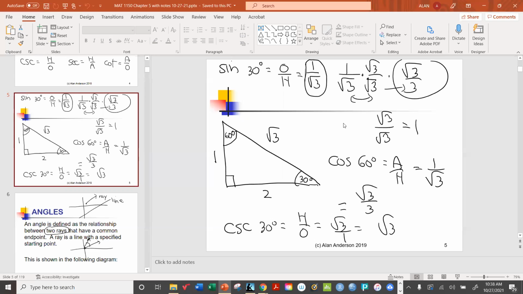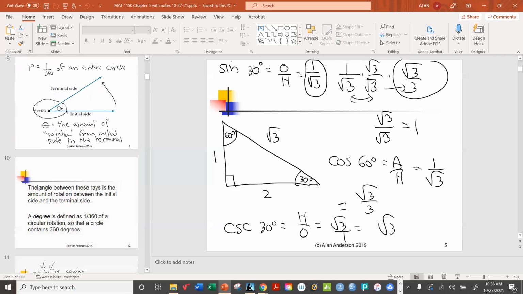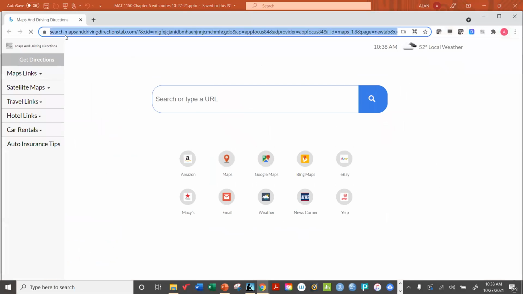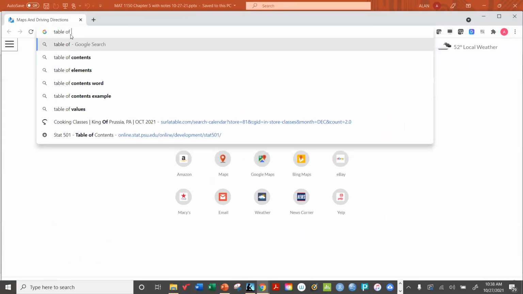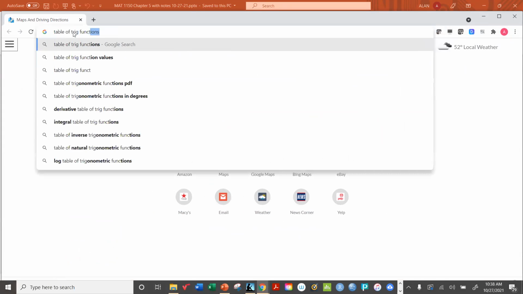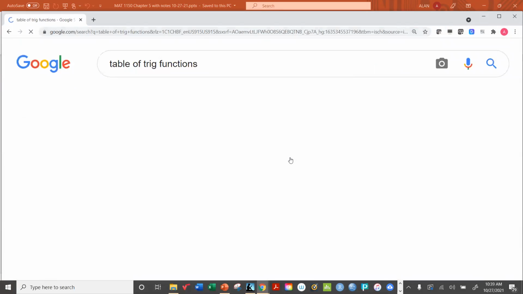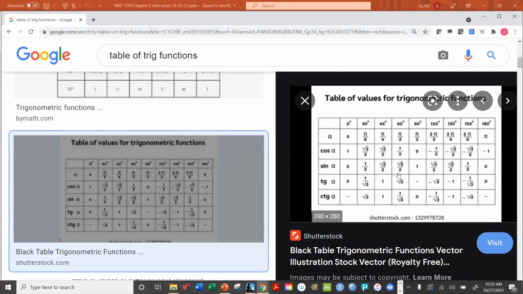Now, often textbooks have tables that will show the most important ones. And this book is no exception. Somewhere in that book, there is a table of these trig functions. In fact, you know what, maybe we can find one on the internet. Oh, they're all over the place. Like this one.